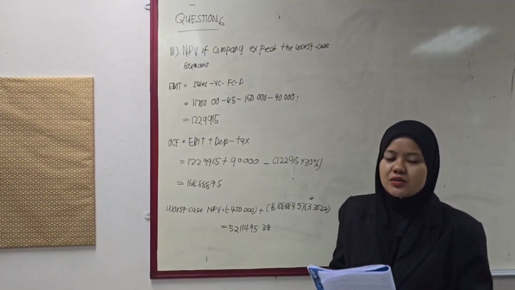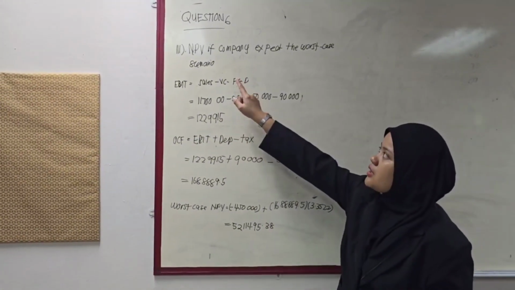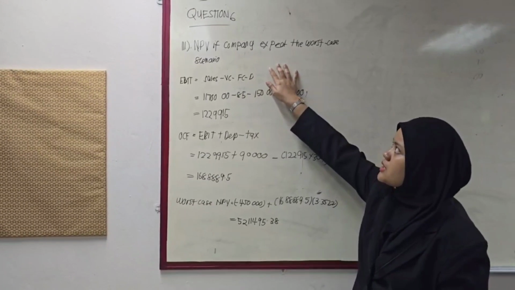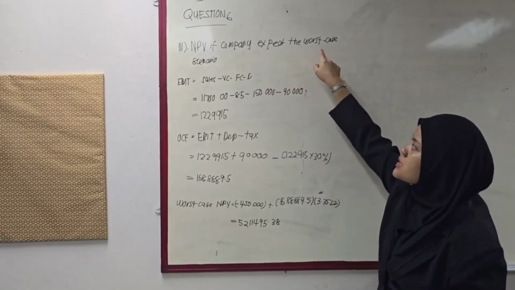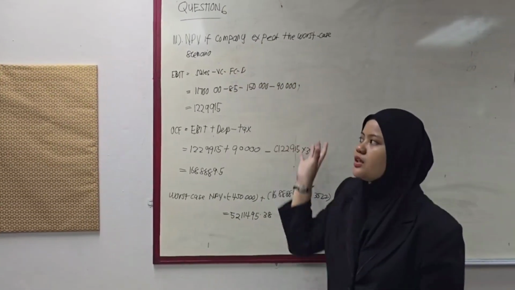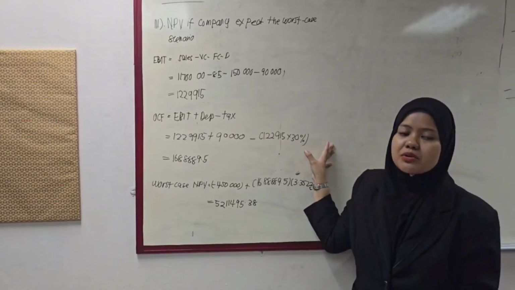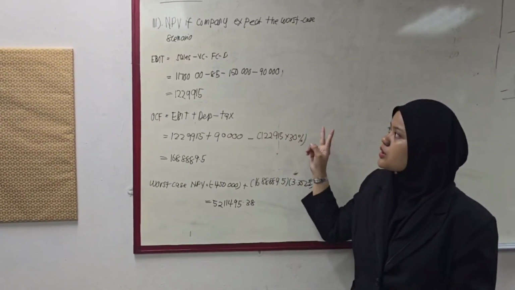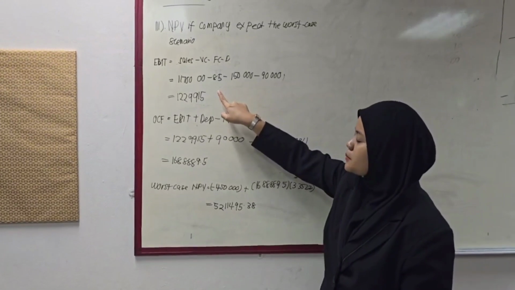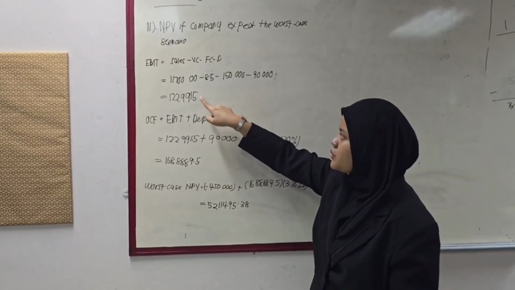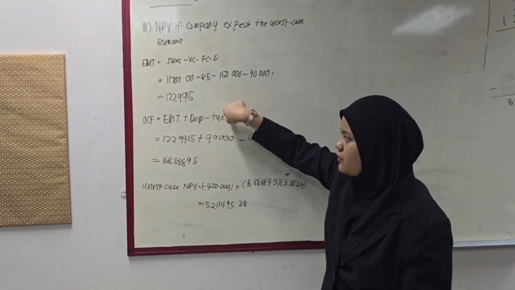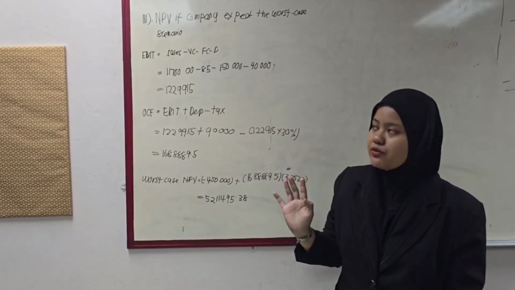Dia bagi question which is nilai NPV if company expect the worst case scenario. So basically kita akan kira macam rumus yang untuk question tu, kita gunakan EBIT dengan OCF dan nilai dari PVIFA tu.